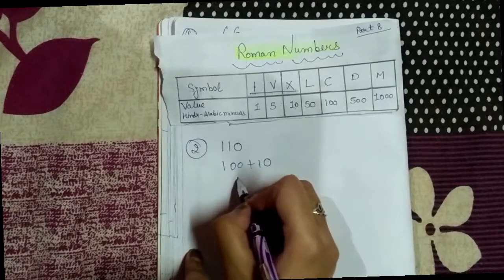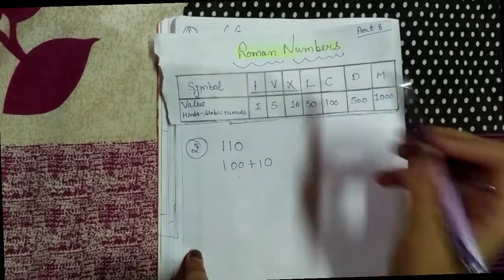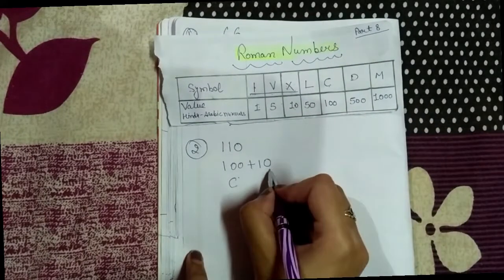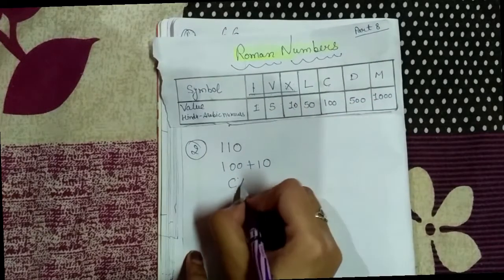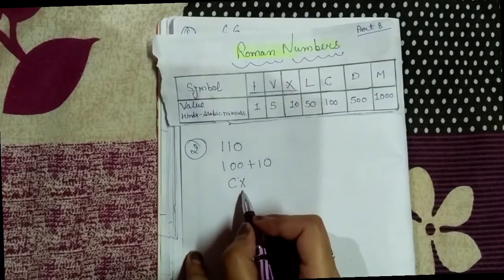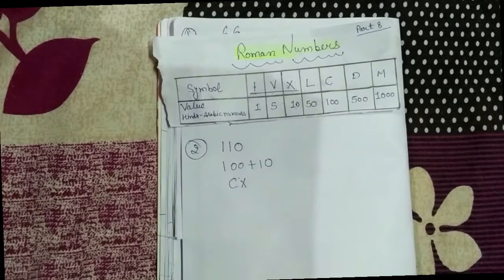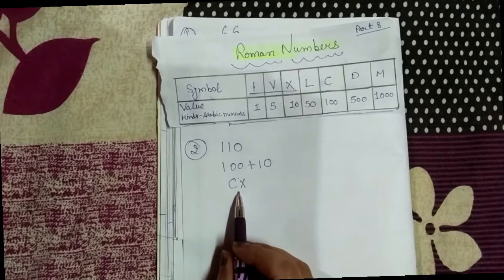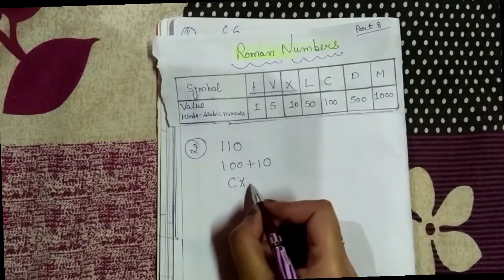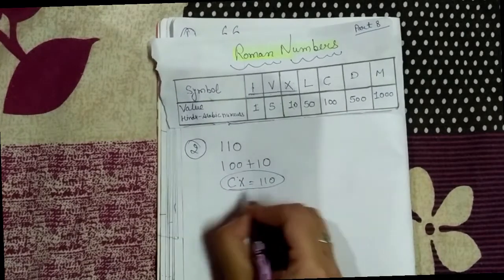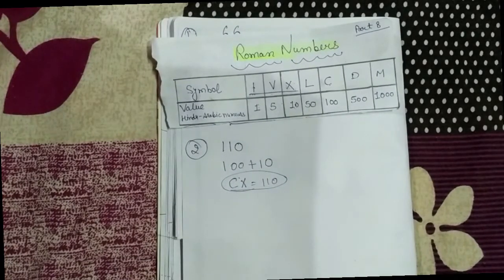For 100, I am having a symbol C, and for 10, I am having X. I am writing X on the right hand side because according to the third rule, for addition I have to write the smaller number to the right hand side of the bigger number, and C is bigger. So this is the answer. CX is equal to 110.